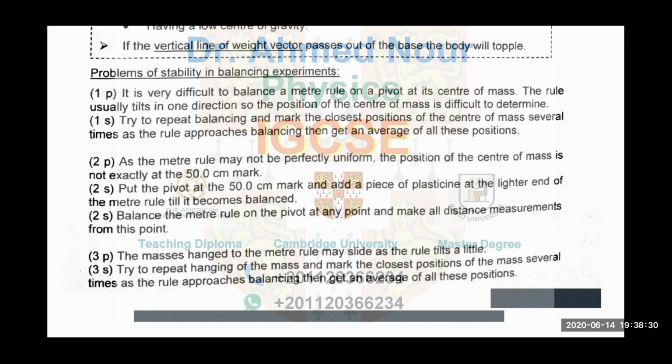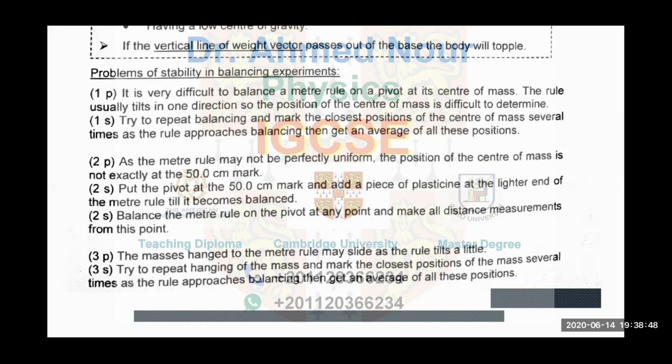The last problem, the masses hanging on the meter rule may slide as the rule tilts a little. How do I make the masses stable on the meter rule?